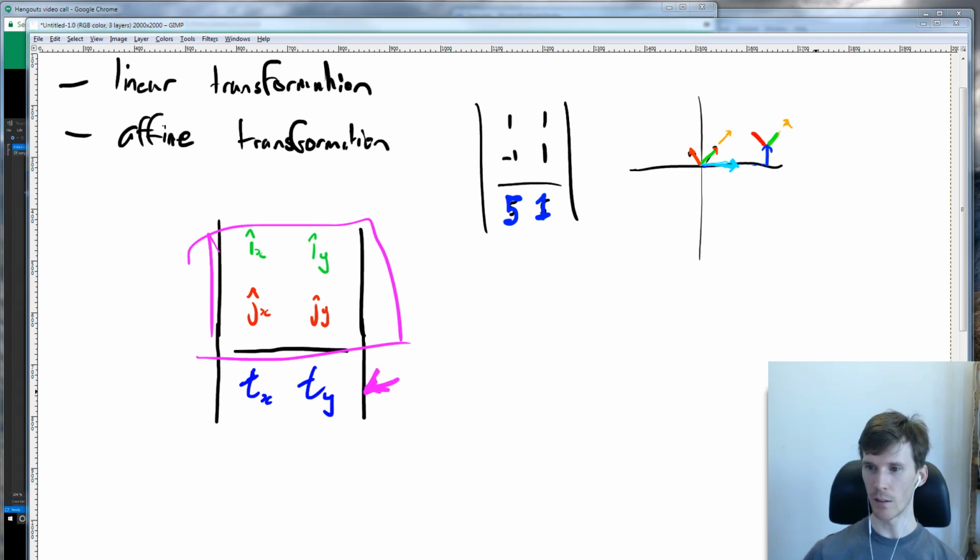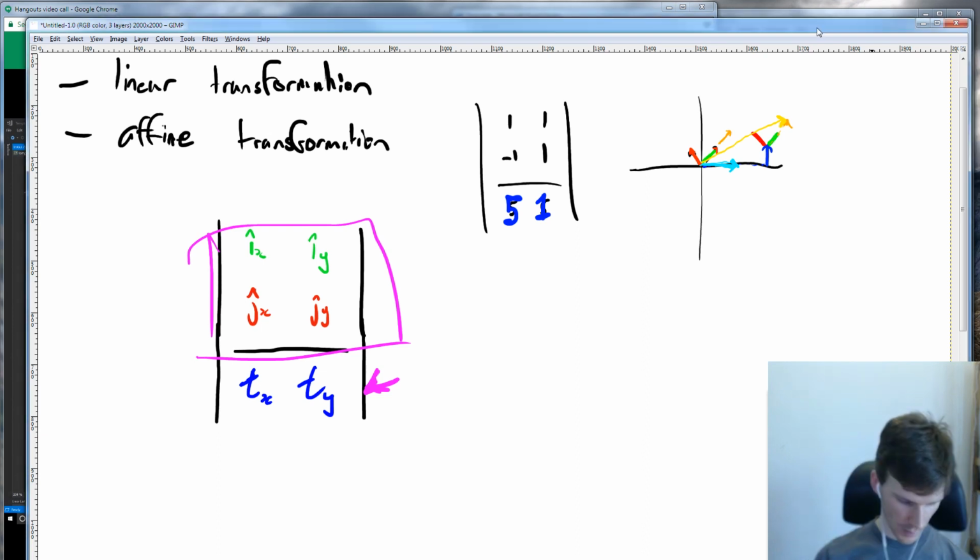And so the final vector will be that. And it's not linear anymore because we no longer have the origin always in the same place. Well, I guess the origin technically is in the same place. We're just representing it somewhere else because we've moved it.